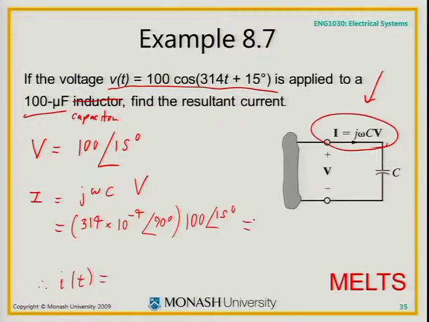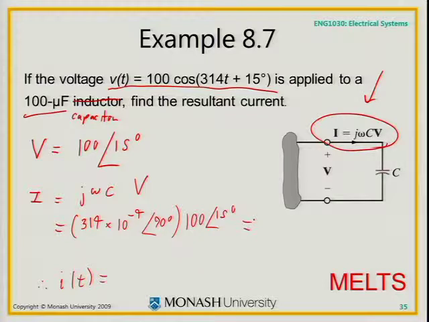I tried to do something that looked like it might be right in terms of the angle. I did make it precisely 90 minus 15 in terms of the angle.